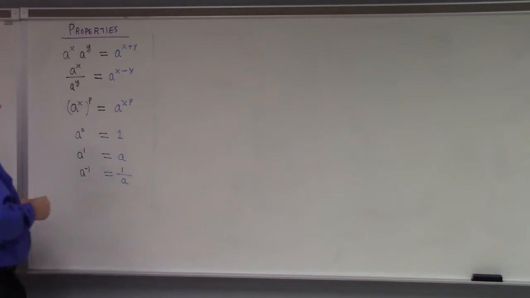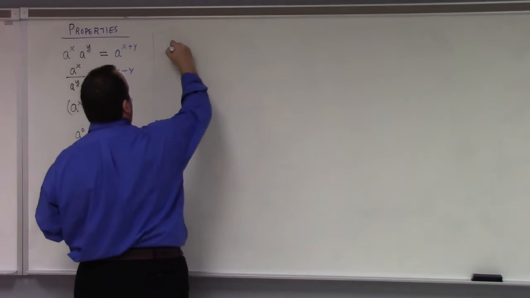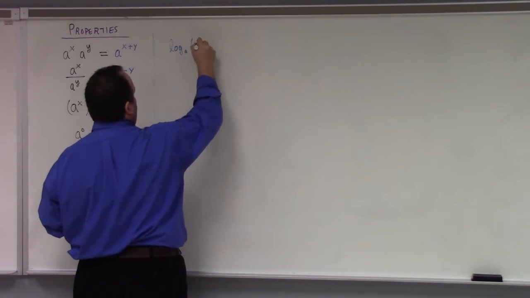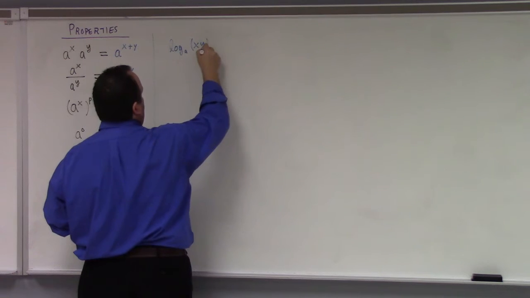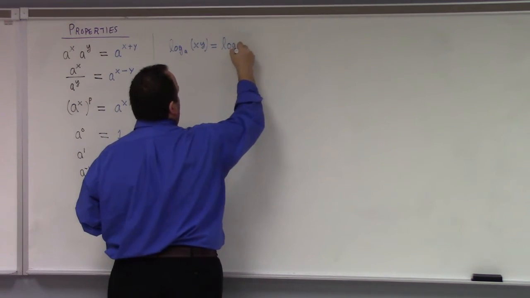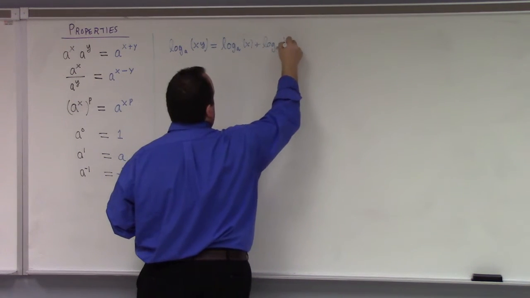Let me write the corresponding rules for logarithms to the right here. I'll make another column. Log base a of x times y is equal to log base a of x plus log base a of y.